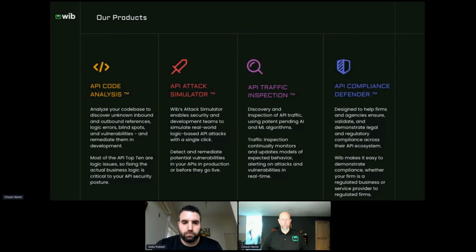It's very common that we see in lots of environments the API Top 10 number 1, which is broken object level authorization issues, BOLA. And it really requires not only an understanding of the code base, but also of the intent. What was the intent of the developer when they surfaced this business logic? Sometimes things are intentional, and we need to understand that. And other times they aren't.